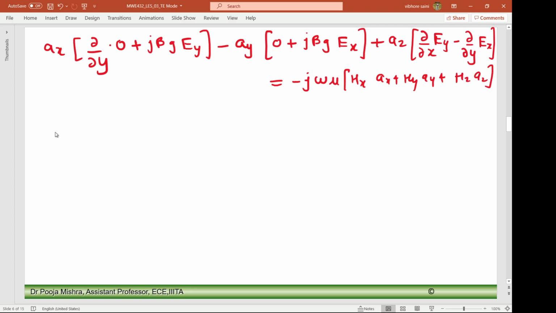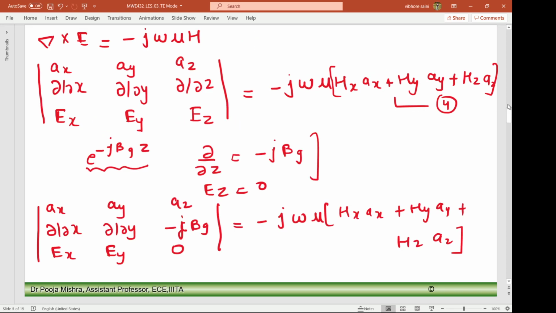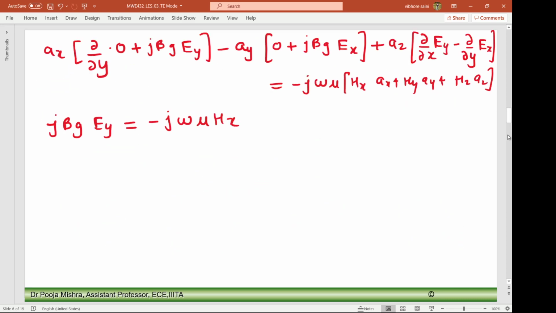Okay, so what we'll get: j beta g Ey is equal to minus j omega mu Hx. Earlier the equation was the fourth equation, so let's make it equation number 5.1.